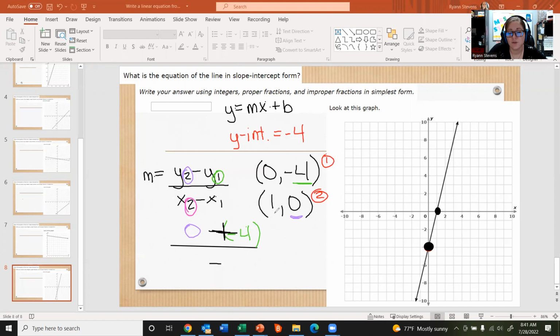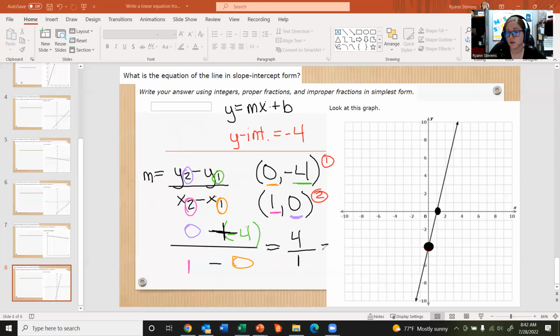And then x2 in the denominator is going to be 1. And x1 is going to be 0. So now we can solve this. 0 plus 4 is just 4. And then 1 minus 0 is 1.